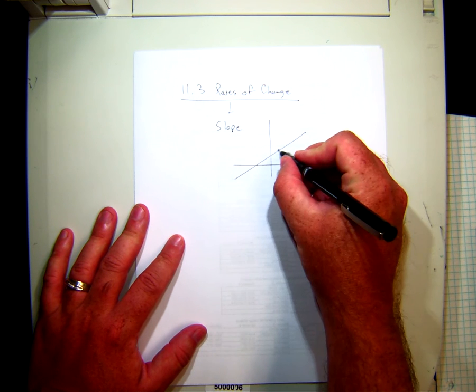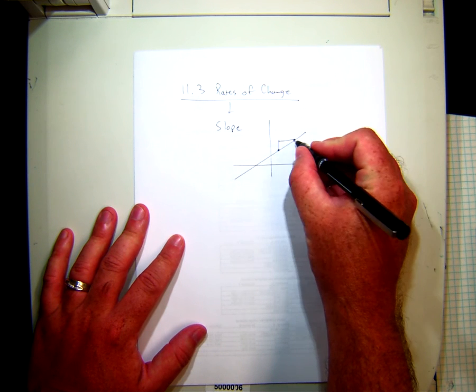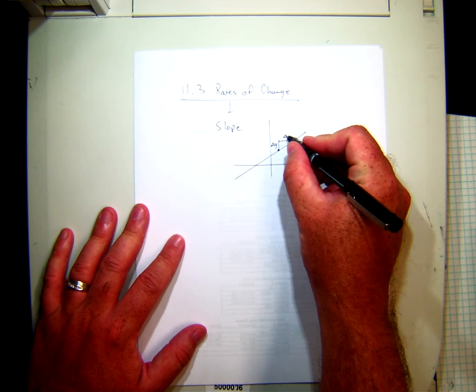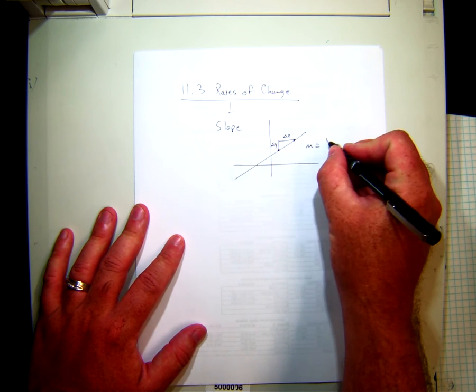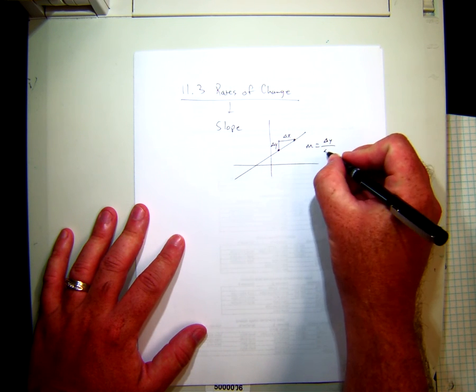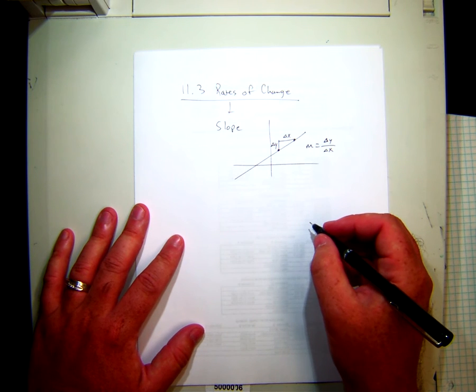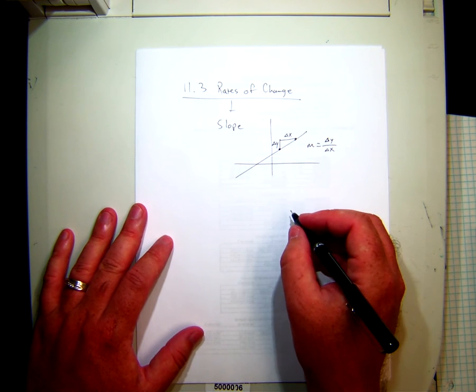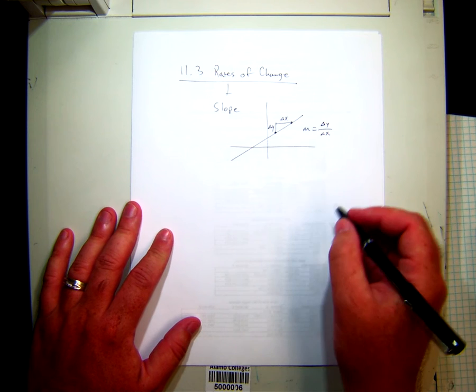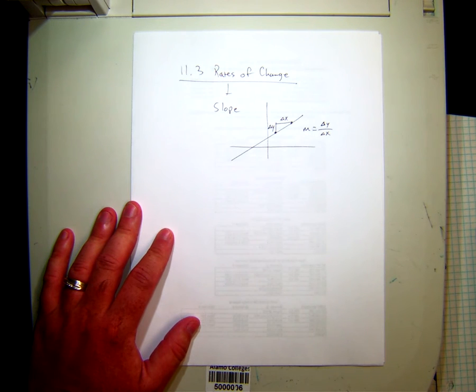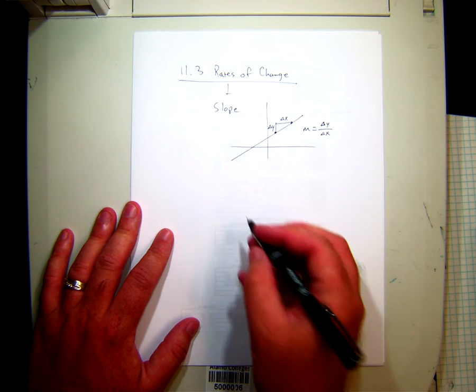Slope is when you talk about rise over run, or the change in y divided by the change in the x. This is the same concept. In an application or word problem, we usually use the phrase rate of change when we're describing this. So a rate of change could be something like find the rate of change of this function. They're really saying find the slope.